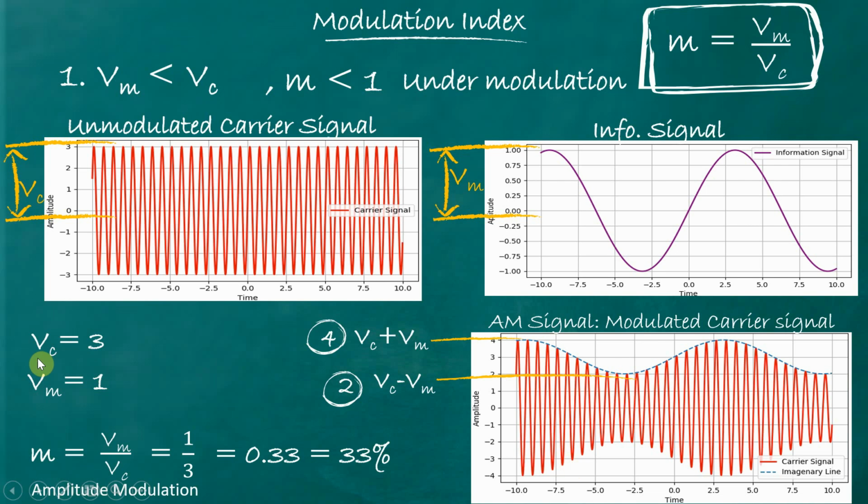So from Vc plus Vm, you can find out the peaks of the upper envelope, where Vc is equal to 3, Vm is equal to 1. So here the positive peak of envelope is 4 and Vc minus Vm, 3 minus 1, means here the minimum peak is 2.